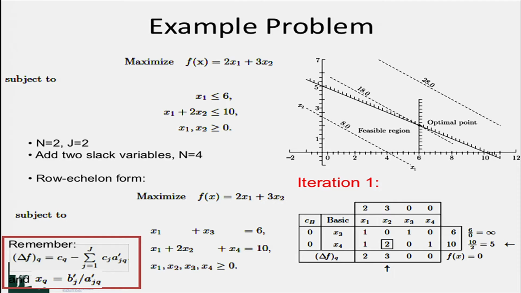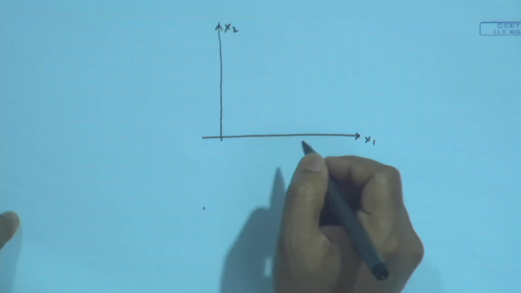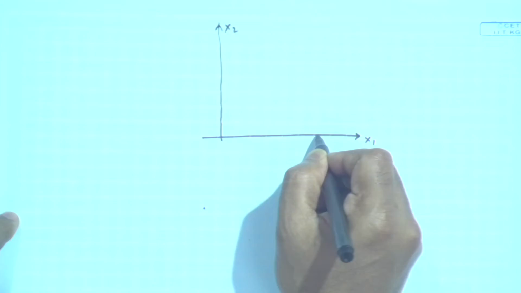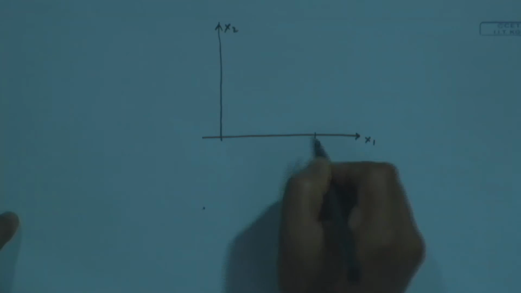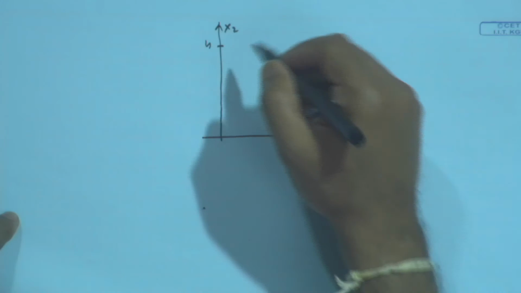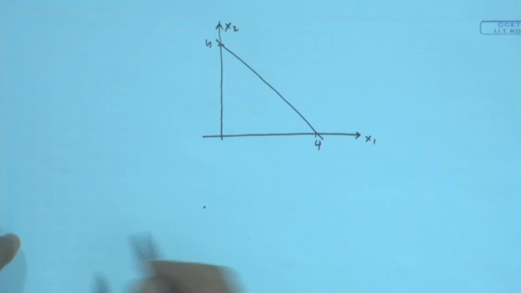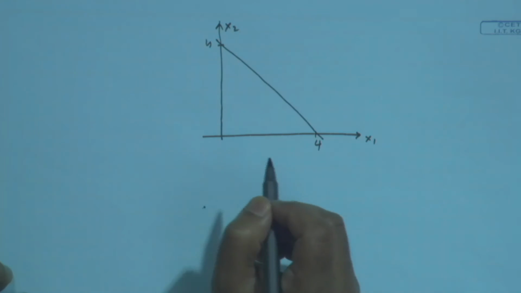So I can help you do that here. So this is the first constraint, x1 plus x2 equal to 4.